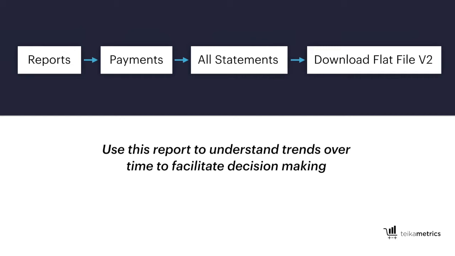Select payments, then look at all statements, and download the flat file V2, which will show any transaction that occurred during a certain time period. It is a bit difficult to analyze as a big bulk file, but what you really want to do is use this report to facilitate your decision making over time.